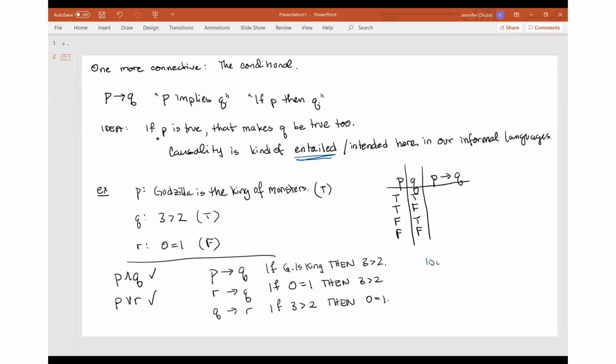So in this one case, where the reality is that P is true but Q is false, then it's not possible that P is making Q be true, right? If P is a true statement and Q is false, then P is not making Q be true. If 3 is bigger than 2, then 0 equals 1. It must not be the case that 3 being bigger than 2 makes 0 equal 1, right?